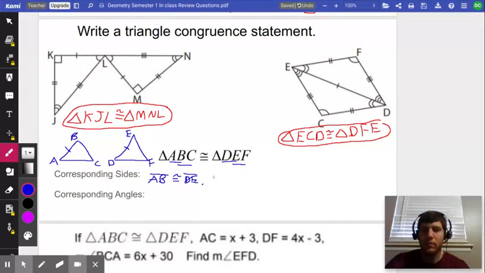So segment BC is congruent to segment EF. You could use the diagram for that, or you can use the statement, either way. And then AC is going to match up with DF. So our third side here, AC, would match up with DF. So segment AC is congruent to segment DF.